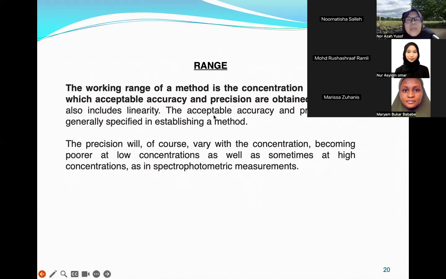Range: just now we talked about linearity, and range is also related to linearity. Usually it also includes linearity. The best way to talk about range is when we discuss the example later.